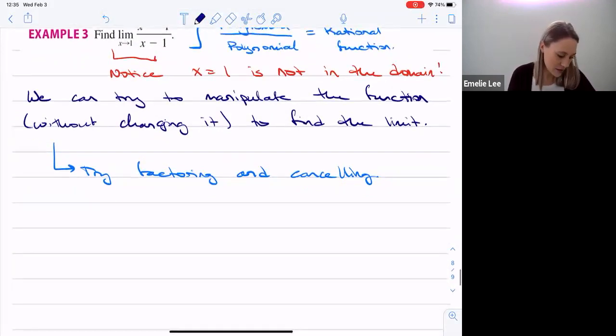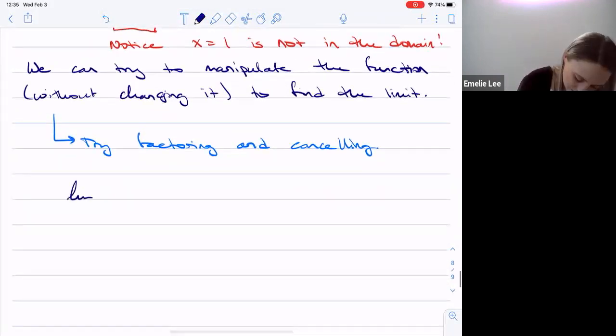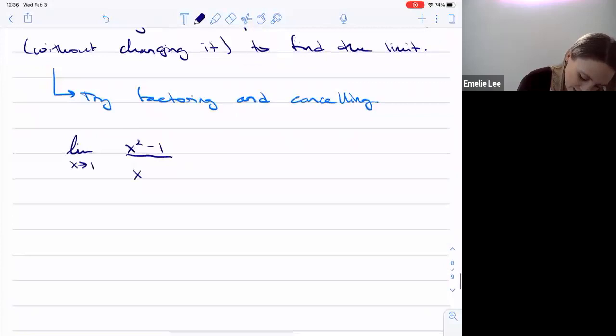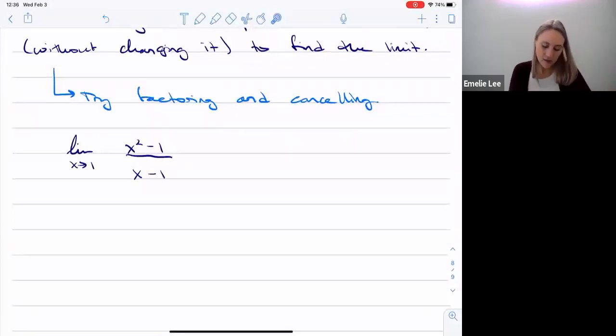Okay. So if we think about the limit as x approaches 1 of x squared minus 1 over x minus 1, looking at this thing, I have a vague memory of x squared minus 1.